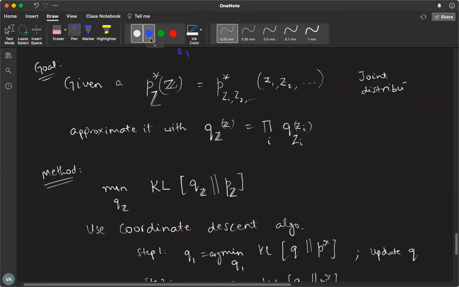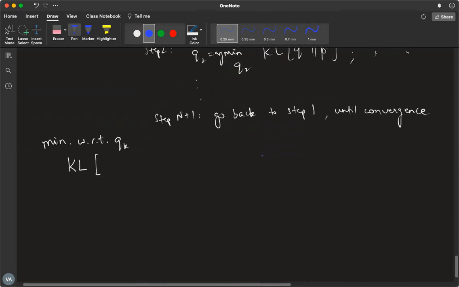I will call this Q_i(Z_i), or simply Q_i, right? Z_i is obvious, kind of. And I will call this simply P star. All the things in the subscript and in the bracket are obvious because it's the entire joint distribution, so P star denotes that.